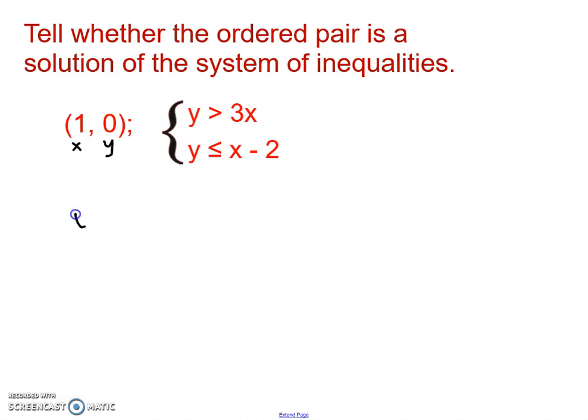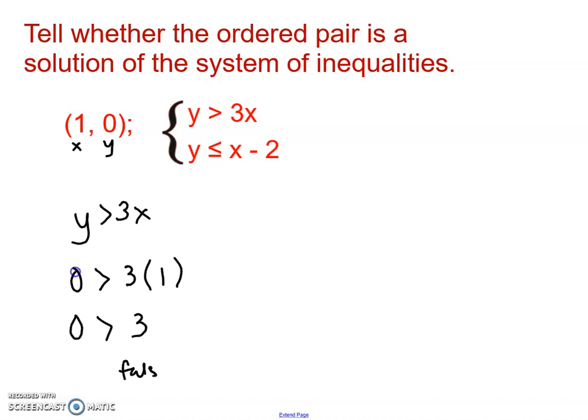First we have y is greater than 3x. We're just going to plug in those values. Our y is 0, so 0 is greater than 3 times, we're going to plug in a 1 for the x, 3 times 1 is 3. Is that true or false? Is 0 greater than 3? That is a false statement.